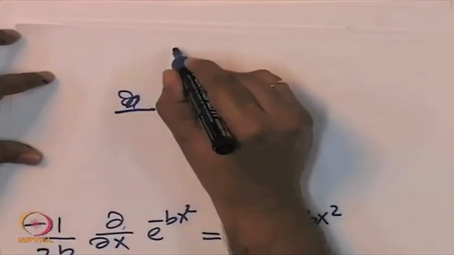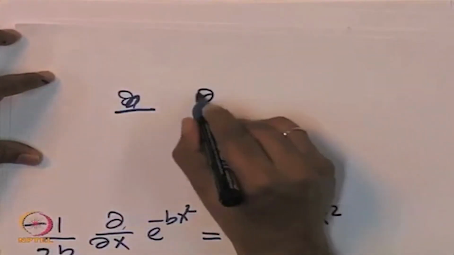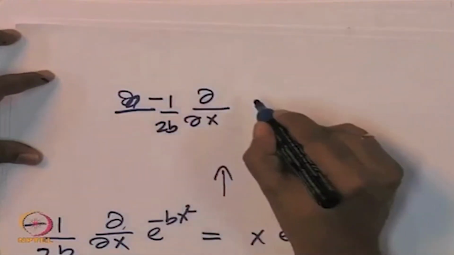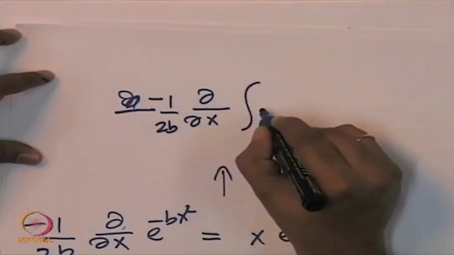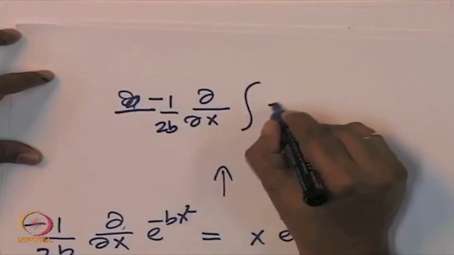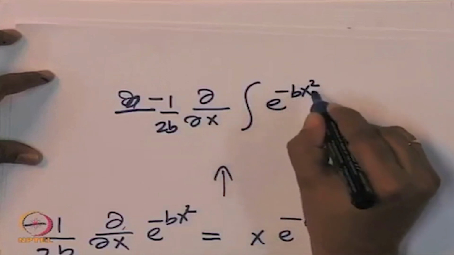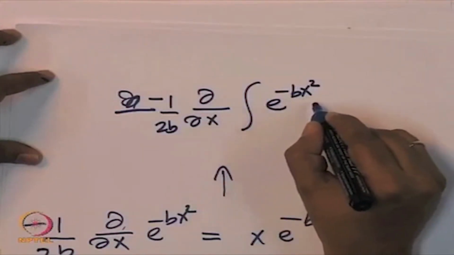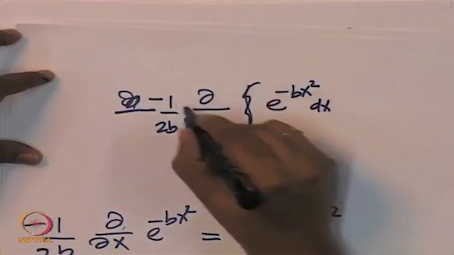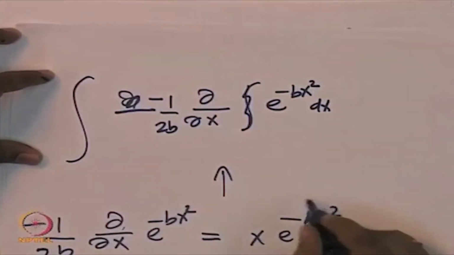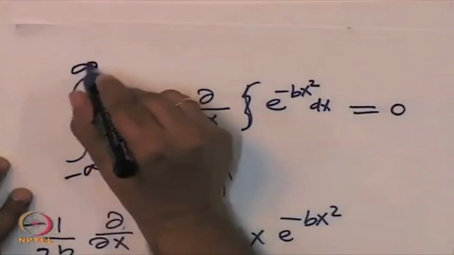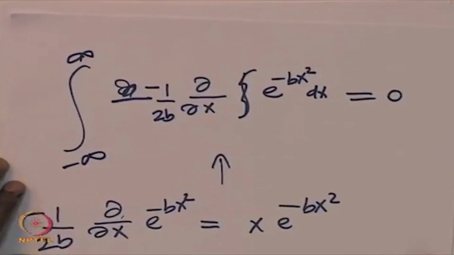What we want is minus 1 over 2 b, del by del x, integral of e power minus b x square dx. This integral has to be written outside. So this is 0. You can convince yourself that from minus infinity to infinity, this is 0. Do it yourself and convince yourself that this is indeed 0.